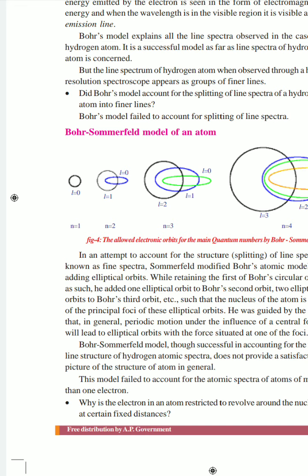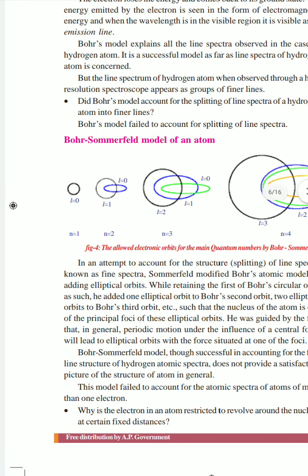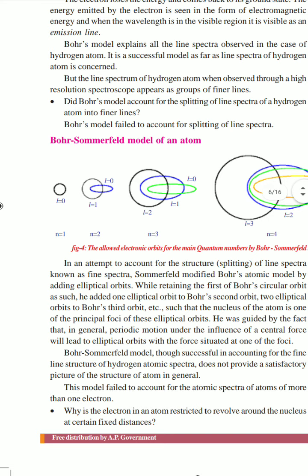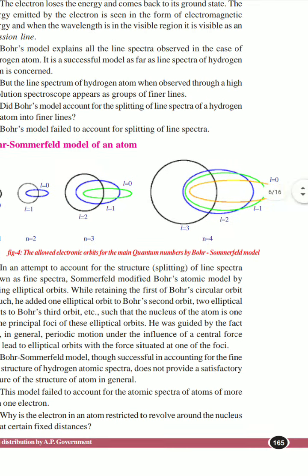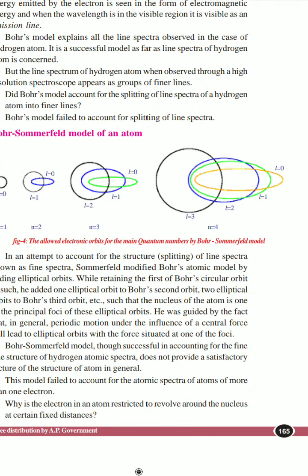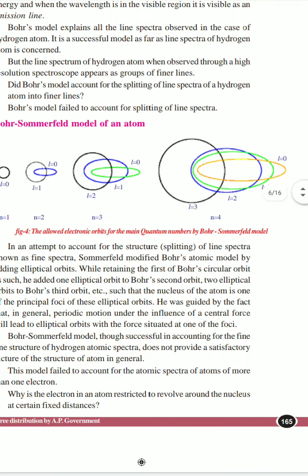The Bohr-Sommerfeld model, though successful in accounting for the fine line structure of hydrogen atomic spectra, does not provide a satisfactory picture for the structure of atoms in general. This model gives a satisfactory structure only for hydrogen, and not for the remaining atoms. Again this model fails to account for the atomic spectrum of atoms with more than one electron.